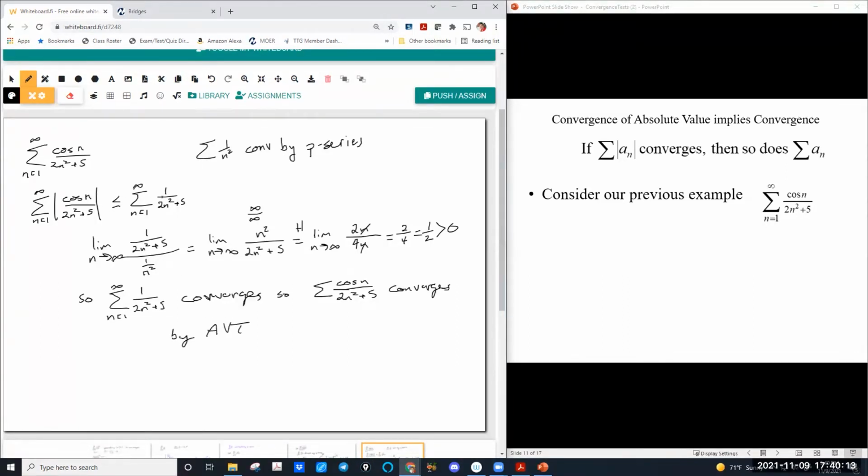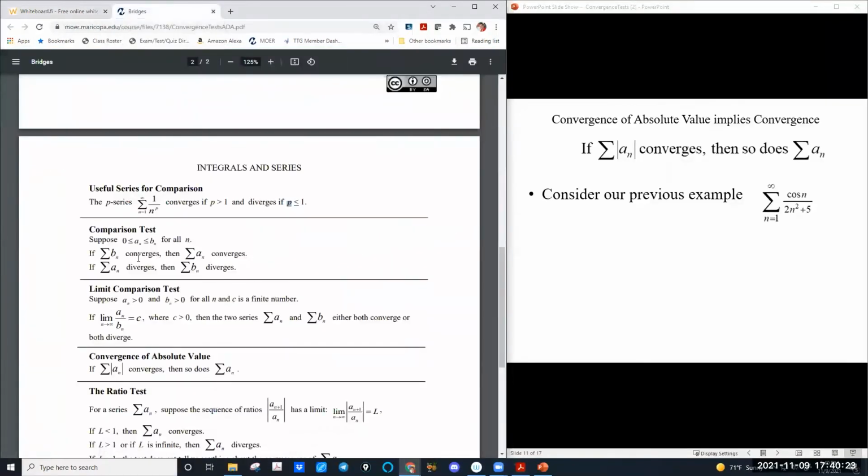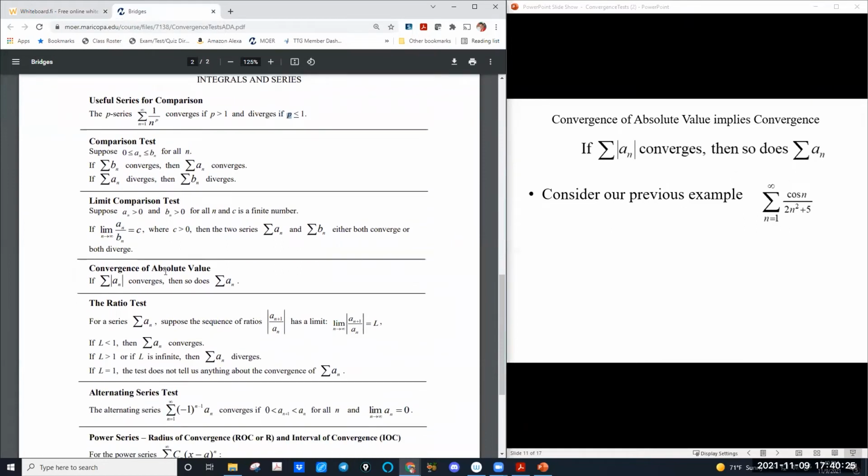We took the absolute value, dealt with that, and showed that it converges. So, the absolute value test: convergence of absolute value implies convergence. If you take the absolute value of your series to show that it converges, then what we have is convergence. And that's the absolute value test.